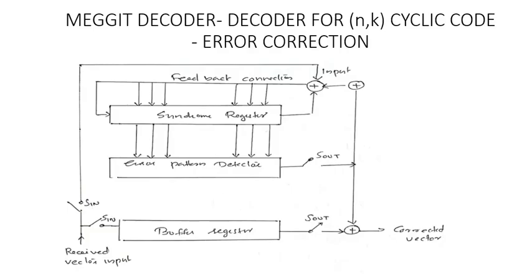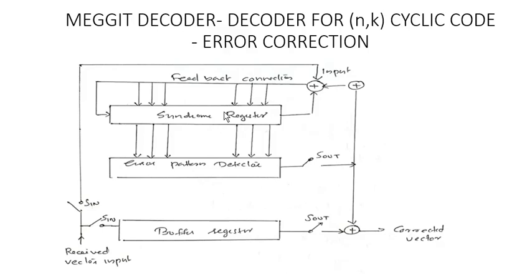Next, the function of the decoder is to find the error and do the error correction. The decoder for an n, k cyclic code is also known as the Meggitt decoder. This is the structure of the Meggitt decoder. In this circuit, first the received vector is fed into the buffer register as well as the syndrome register.